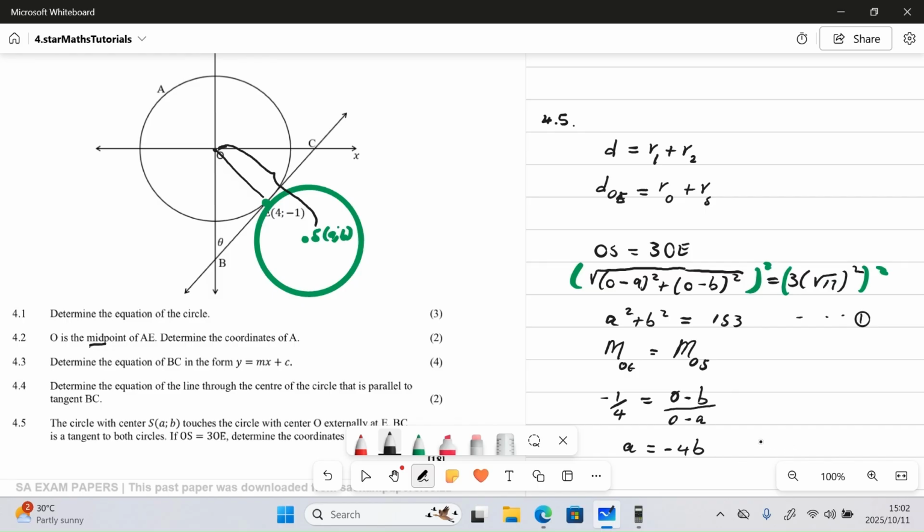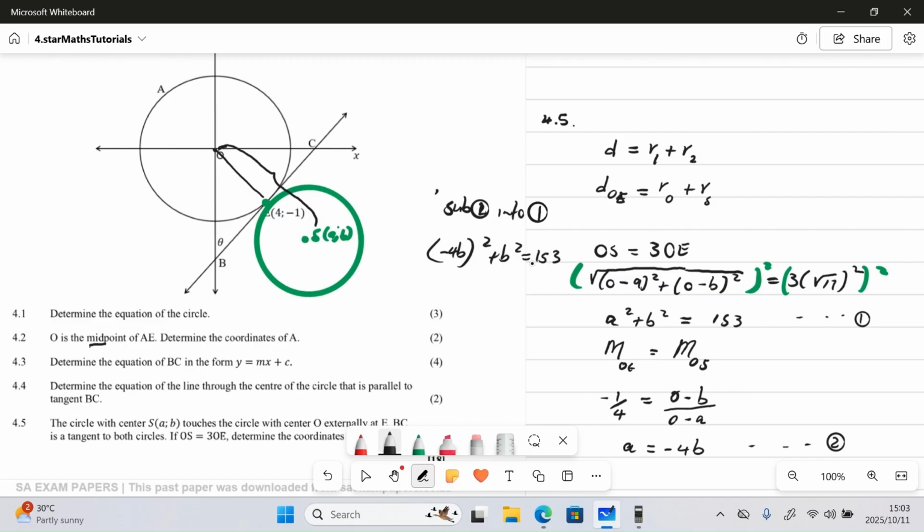We have another equation with two unknowns, so we can simply solve the two simultaneously. Where we see a, we can substitute. Let's substitute equation number 2 into 1. Meaning from equation number 1, where you see a, I put 4 b, squared, plus b squared minus 153.